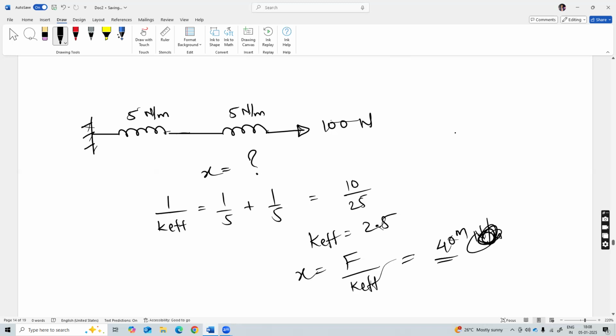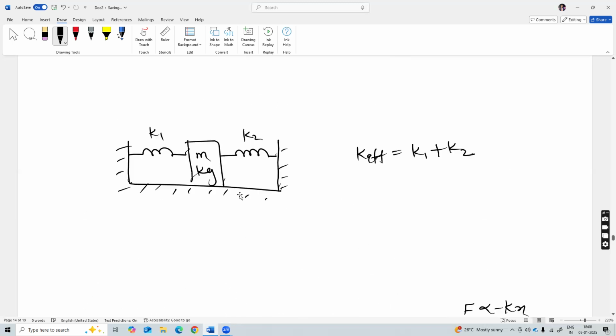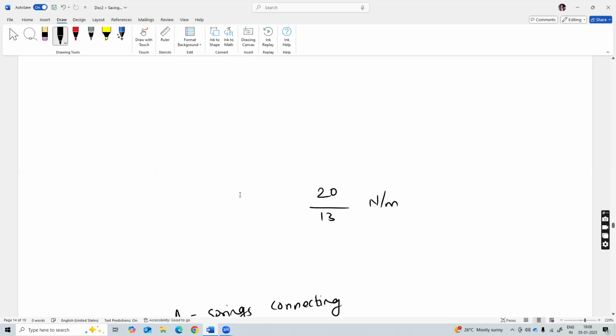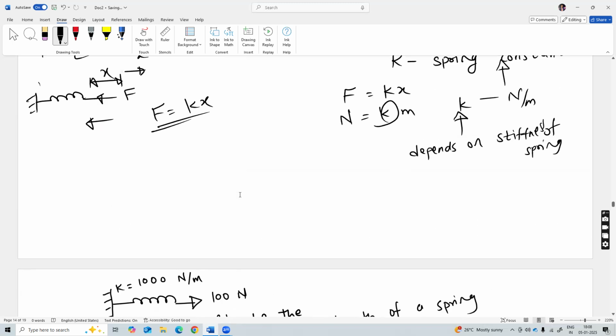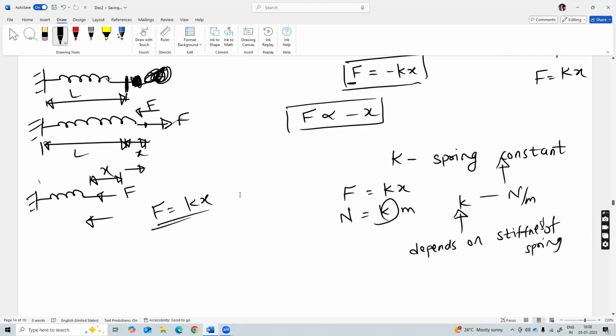Second, whenever you say F is equal to minus kx, I told you, here F is proportional to minus x, and F is the restoring force.